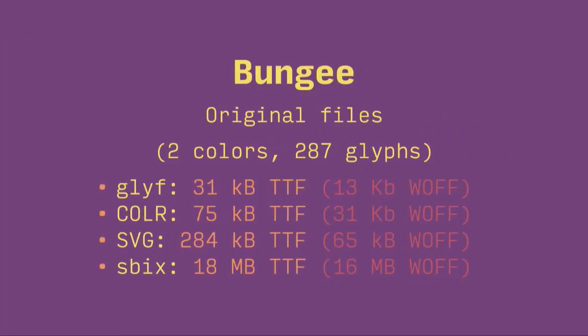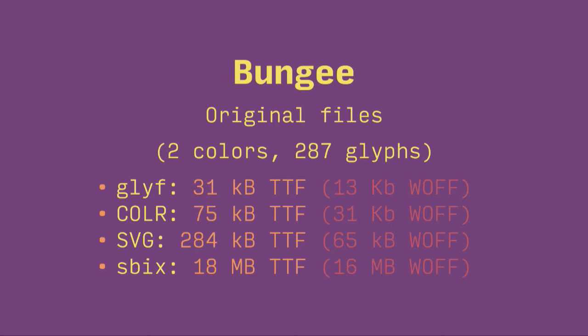I tried that. Bungee by David Jonathan Ross is a font that has been released as a color font, and it's been released in all the formats except CBDT, CBLC. And it contains two colors, 287 glyphs in the purely horizontal version, because it's originally a font that also works vertically, but these are just the horizontal glyphs.